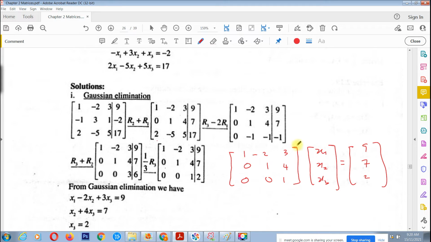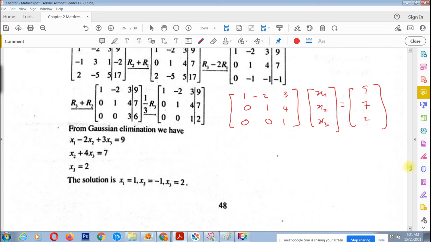So x1 minus 2x2 plus 3x3 equals 9, x2 plus 4x3 equals 7, x3 equals 2.